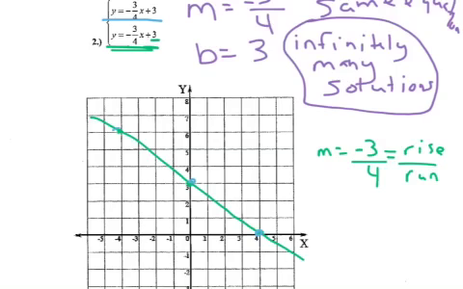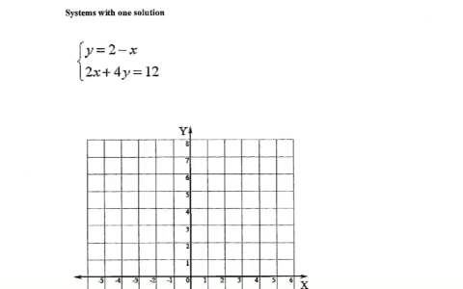It would literally be the same exact data values. So if you have the same equation, your line is exactly the same and you will have infinitely many solutions. Alright, so for this one, this is an example when the system has exactly one solution, therefore there should be an intersection point.